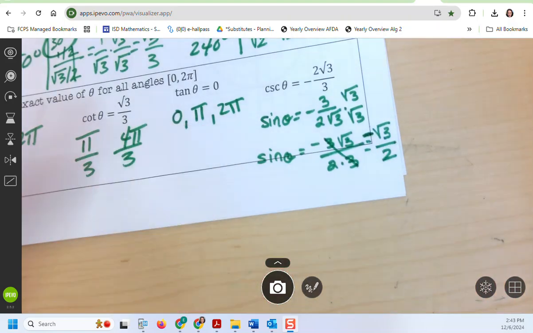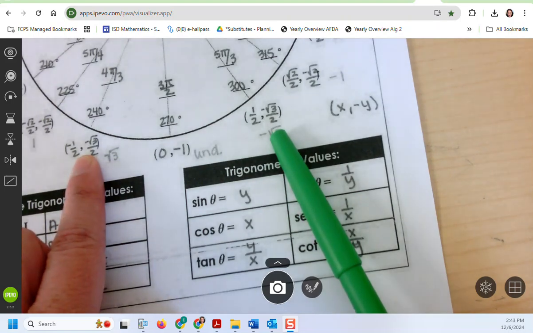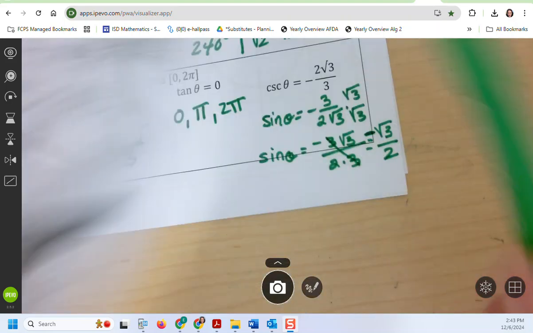So we're going to look at your circle and find where the y values are negative root 3 over 2. And it looks like it's these two down here, negative root 3 over 2. So your answers are 4 pi over 3 and 5 pi over 3.